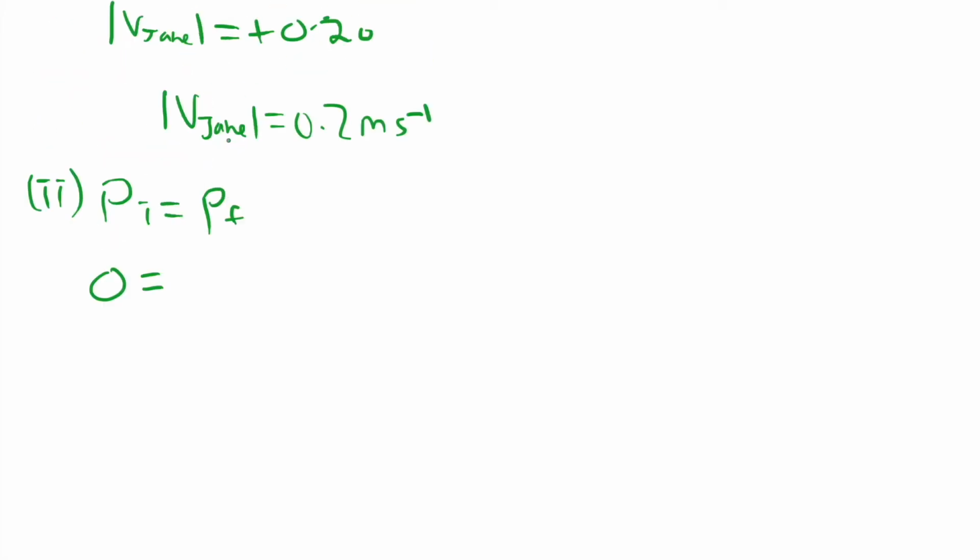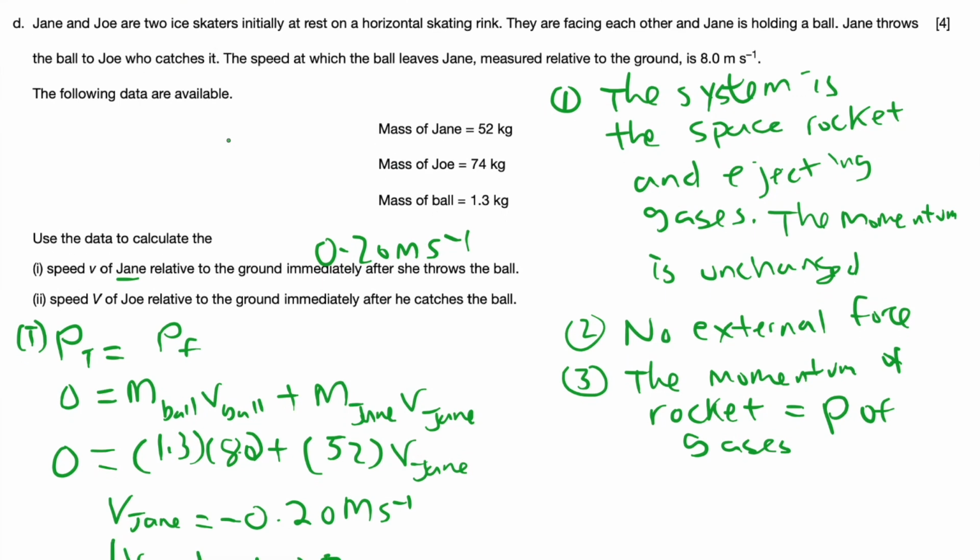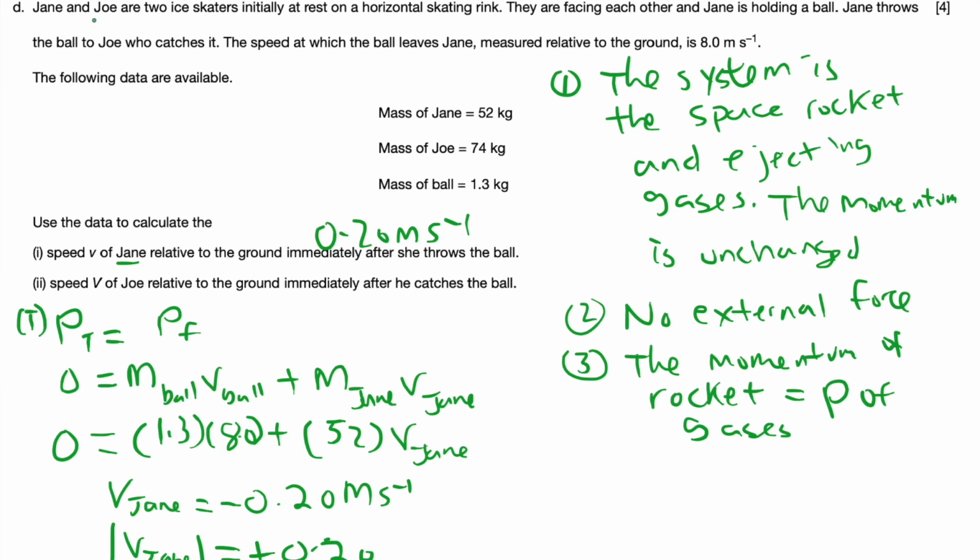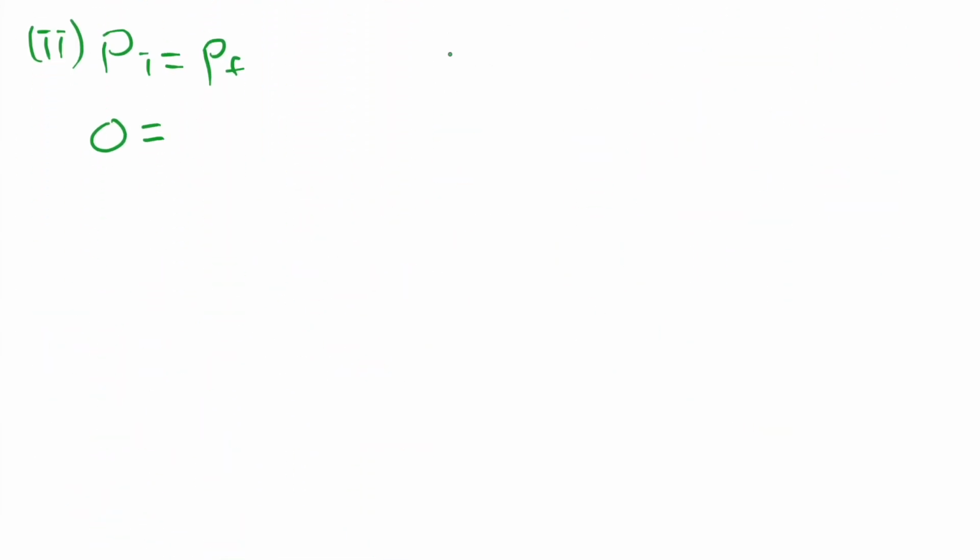So to find the speed of Joe, you need to apply conservation of momentum. Initial momentum is equal to final momentum. Initial momentum is equal to 0. But what is the final momentum? From the problem, we know Joe catches the ball, right? So when Joe catches the ball, you can see Joe and the ball as a whole. So it is an inelastic collision. Right?